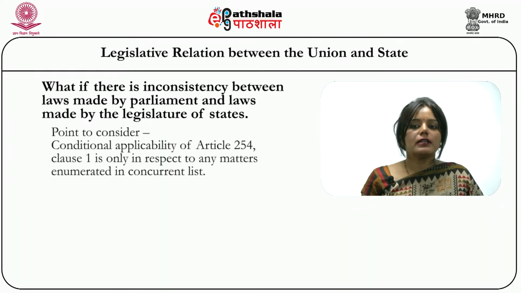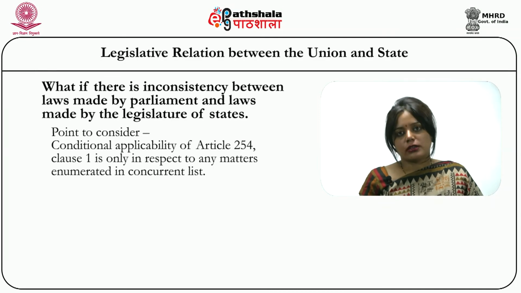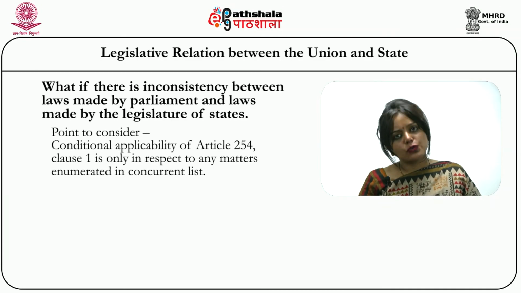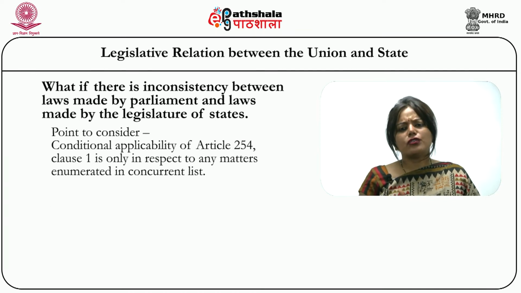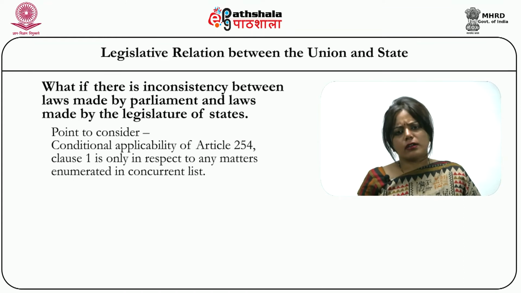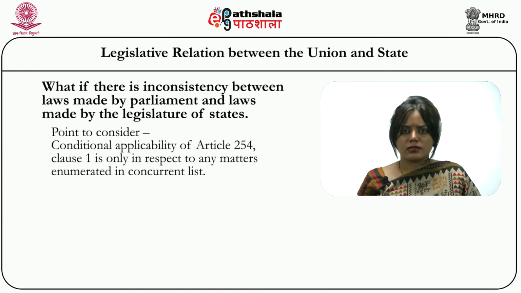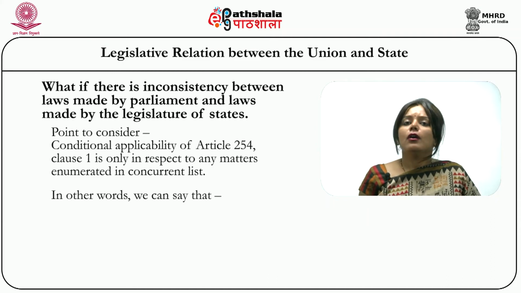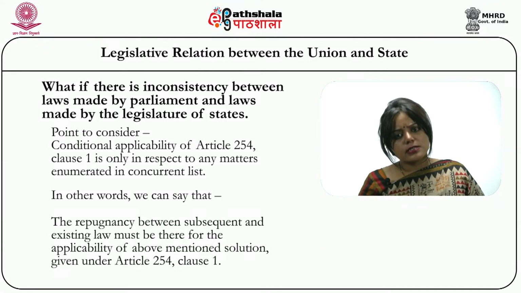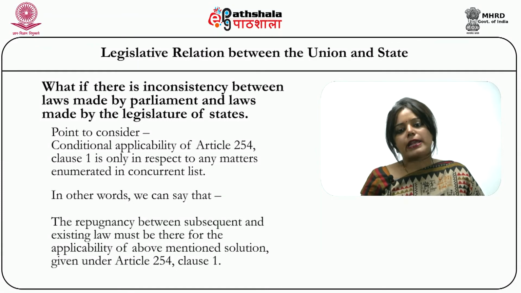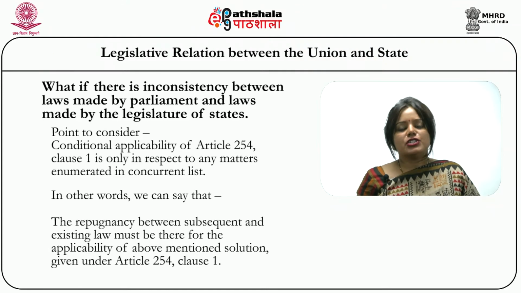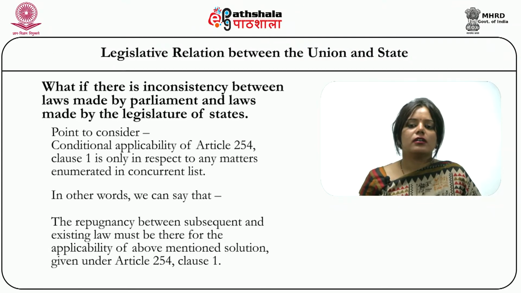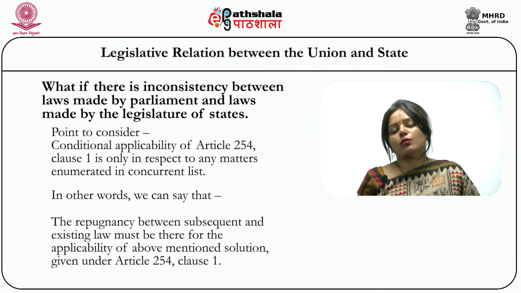One thing you should consider is the condition for the applicability of Article 254 Clause 1, that is, only in respect of any matter enumerated in the concurrent list. In other words, repugnancy between the subsequent and existing law must be there for the applicability of the above-mentioned solution given under Article 254 Clause 1.